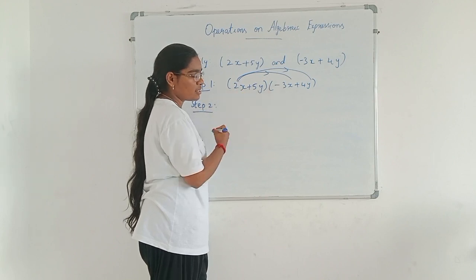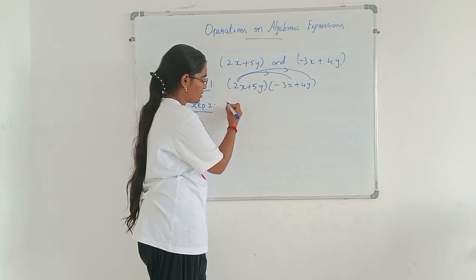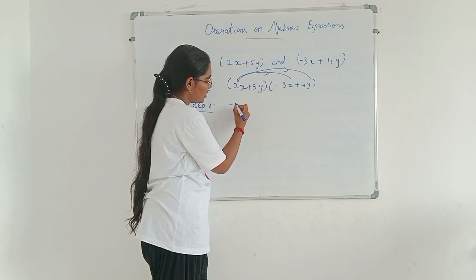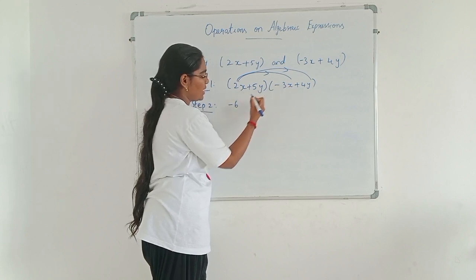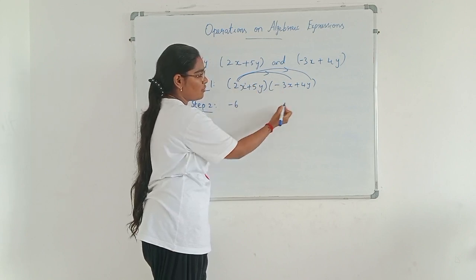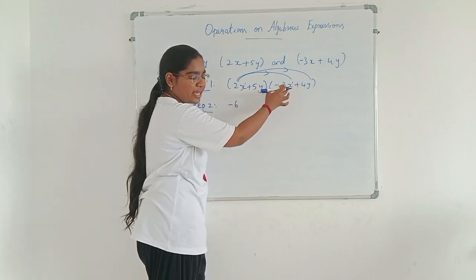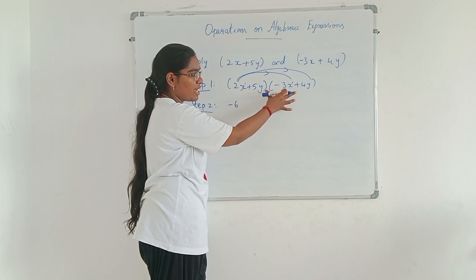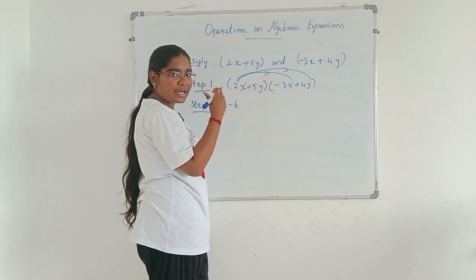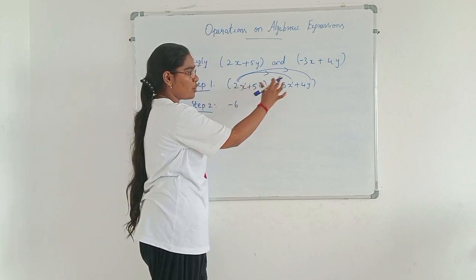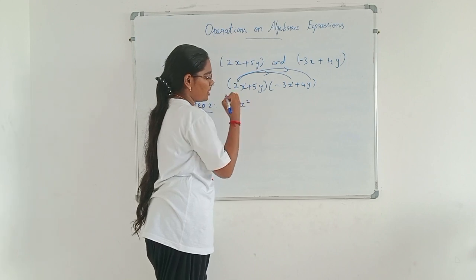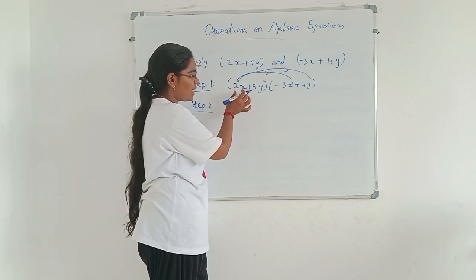Okay. So here plus, here minus. So what you will get? Minus. 2 3s are 6. X and x. Here x to the power of 1, here x to the power of 1. Same base in multiplication format. So obviously you can add those exponents. So 1 plus 1, x square, that is 2.